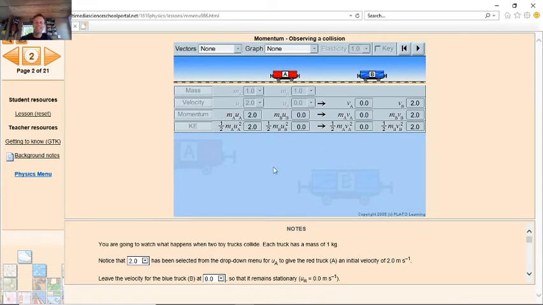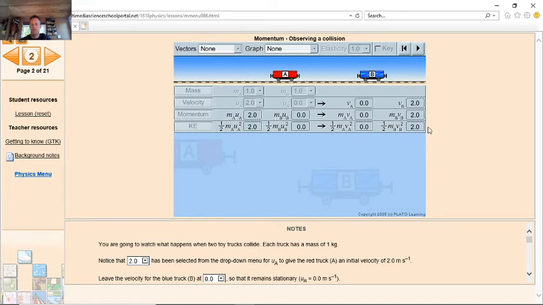When I go to kinetic energy, I'm using the equation half mv squared, with u_A squared because that's the initial velocity. You plug your numbers in, half times the mass times velocity squared, and you get 2. B, because it's stationary, is going to be 0. When they hit each other, at the end A has no velocity, so it goes down to 0.